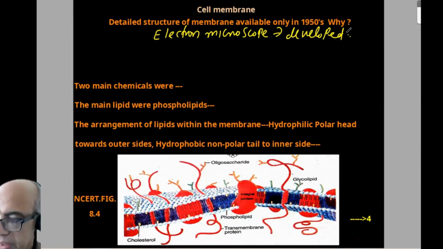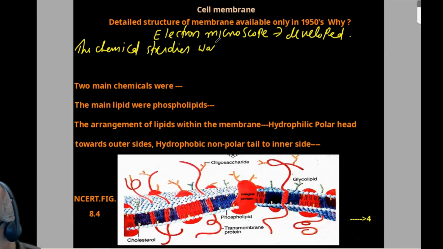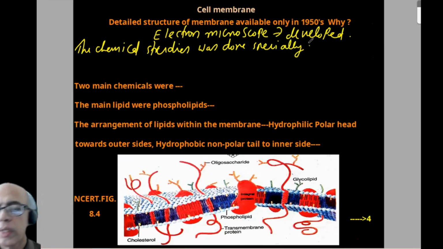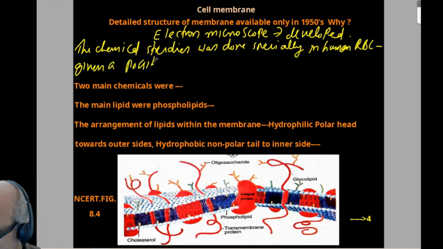Then chemical studies were done, especially in human RBC, giving a possible structure.